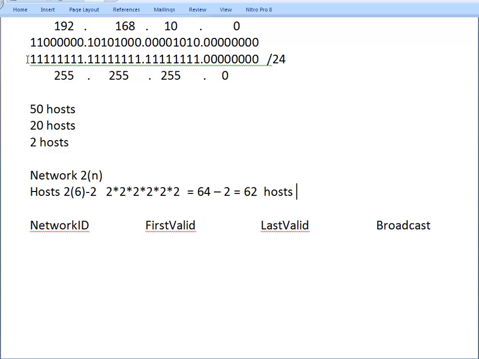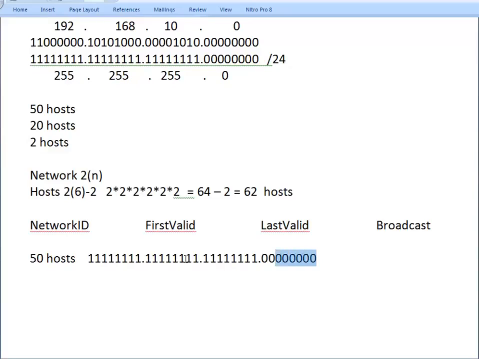Okay, now I'm going to write down the subnet mask here. So this is for 50 hosts. For 50 hosts, we need to reserve 6 zeros: 1, 2, 3, 4, 5, 6. 2 of the zeros, we convert them, or we borrow them and make them ones. Okay, so it's /26.